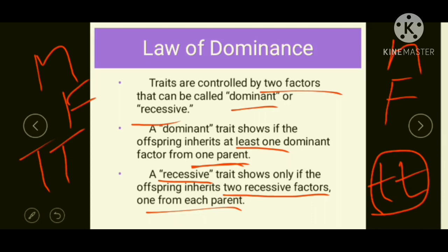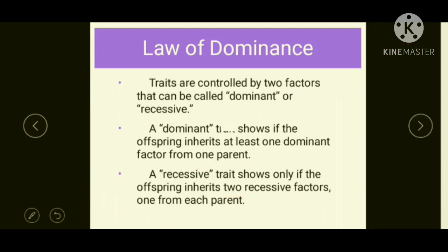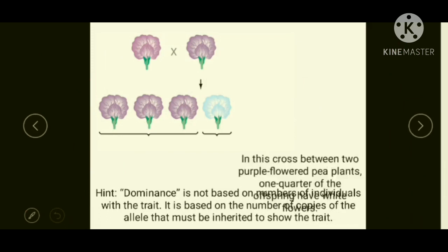And when the trait is received as tall from the father and short from the mother, we can say this trait is also dominant. Why? Because here it receives at least one dominant allele from one parent.